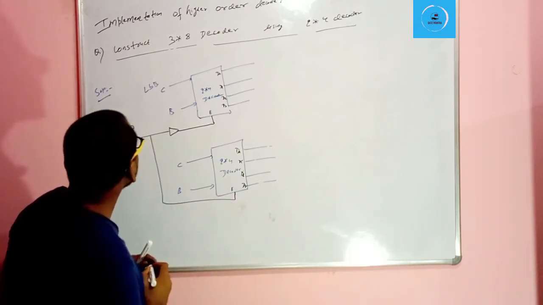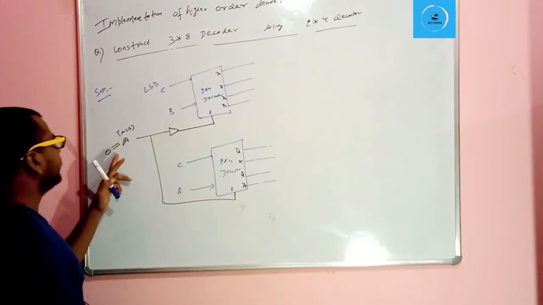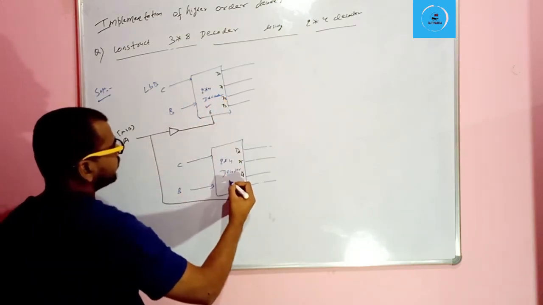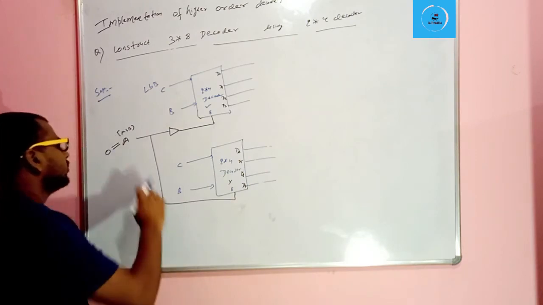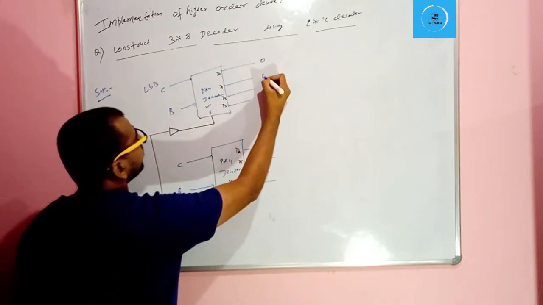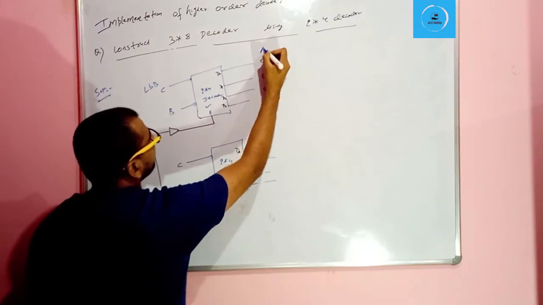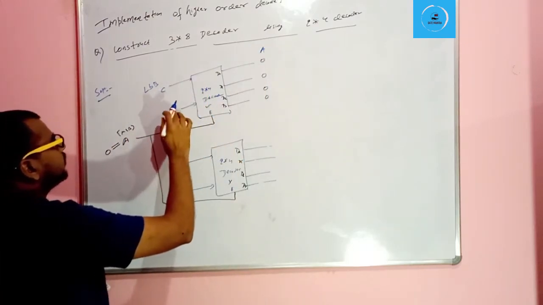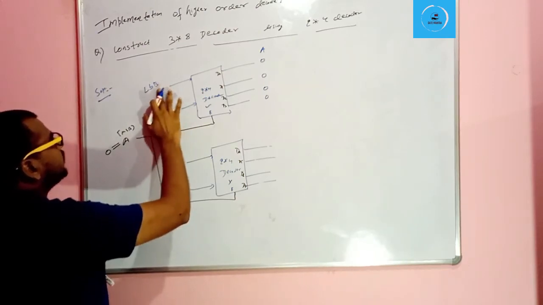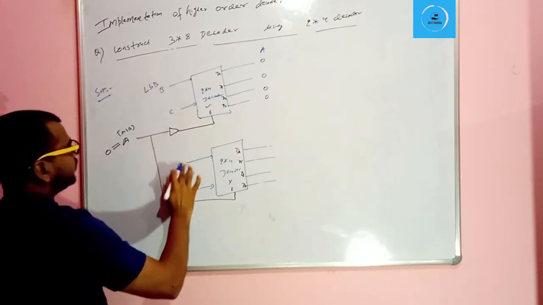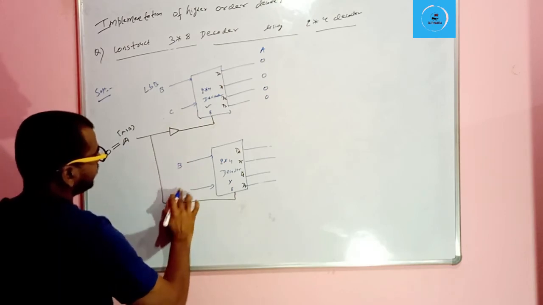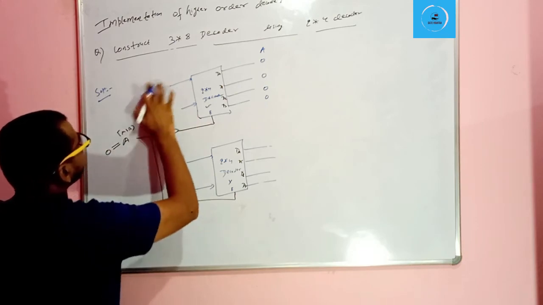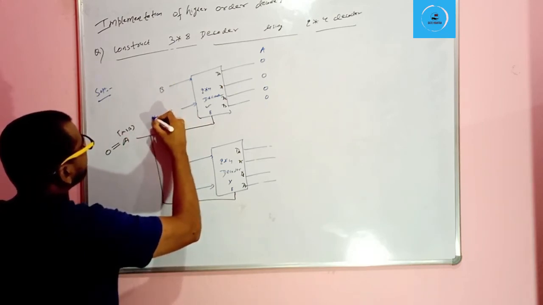See, if A is equal to 0, then this decoder will work and this decoder will not work. So for A equal to 0, we will write A here and BC for changing. Here B is this and C is this, C as LSB.